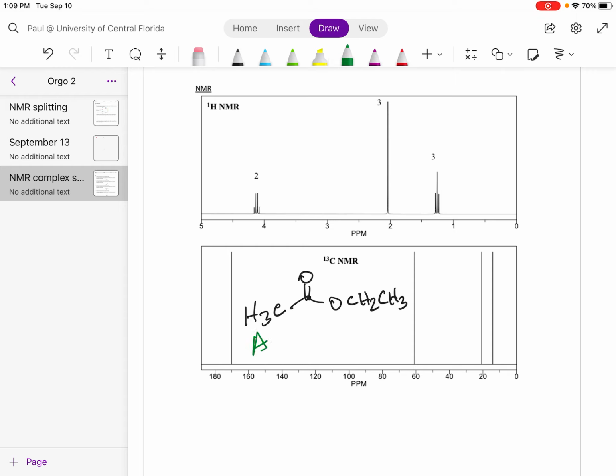So we'll do that signal A, and we'll go B and C. So we have a methyl, and that would be a singlet.